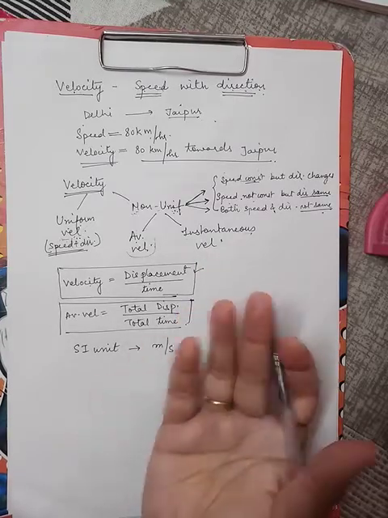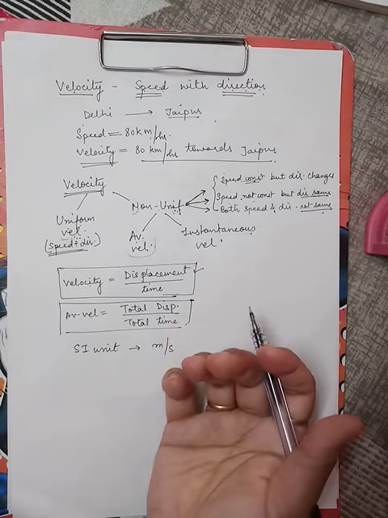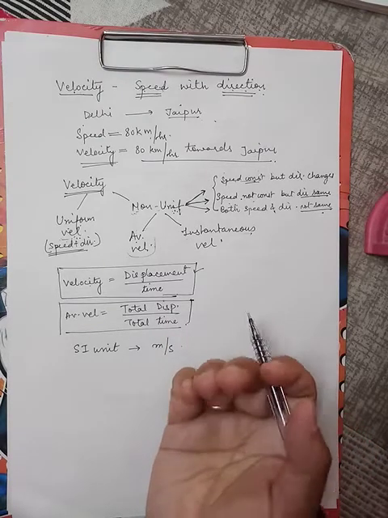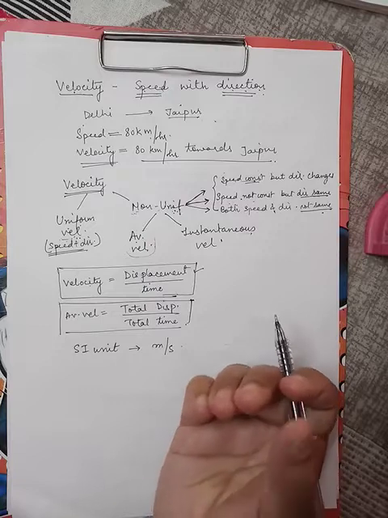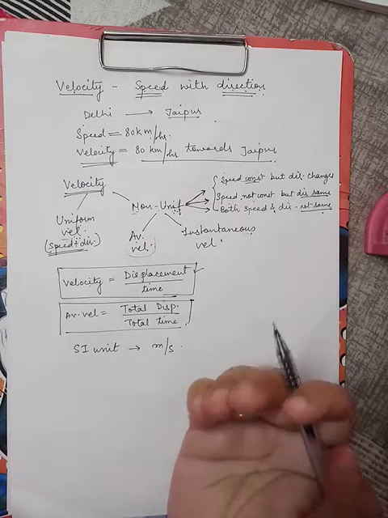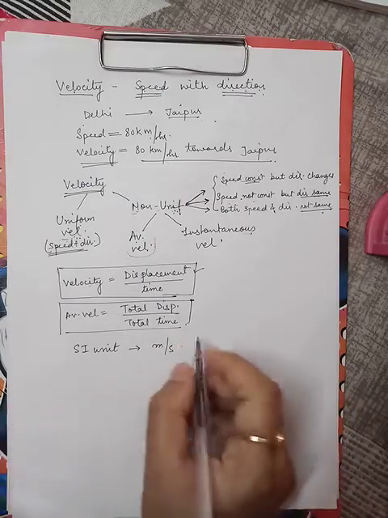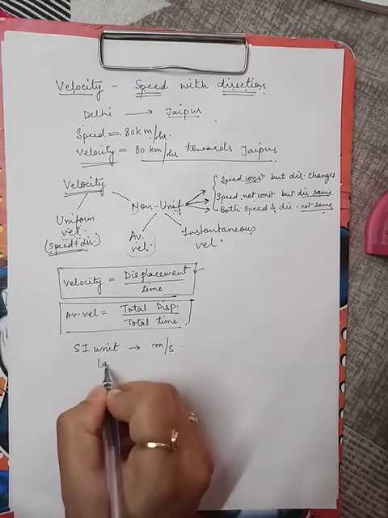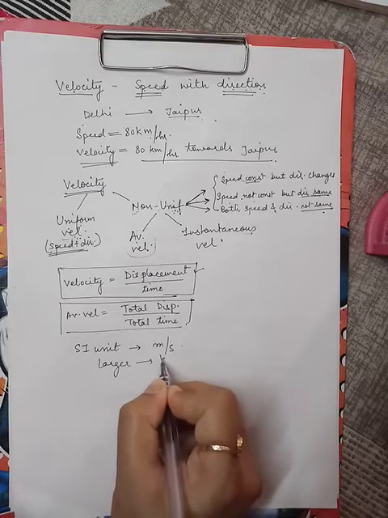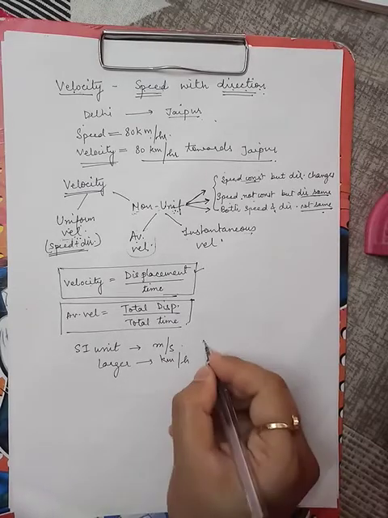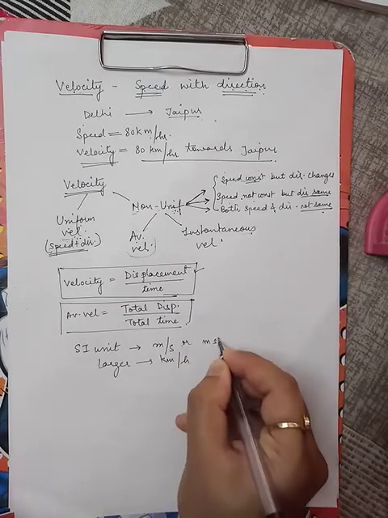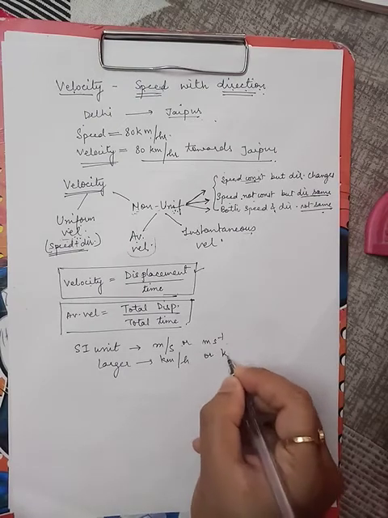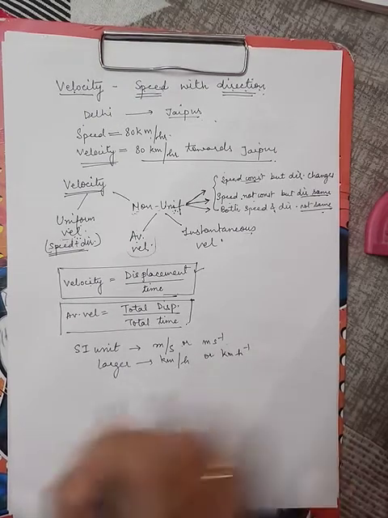Okay, the direction does not have any particular value for unit, so units will be for the particular numeric value of any physical quantity, right? So SI unit will be meter per second, and the larger unit again will be similar, that is kilometer per hour, or we can say meter per second, like this, or we can write down in this manner also.